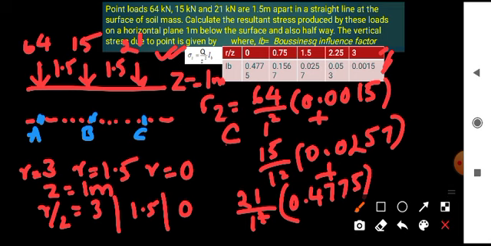So if you simplify, the answer is going to be 10.51 kilonewton per meter square. So this is nothing but sigma zc. So this completes the first case, case 1.